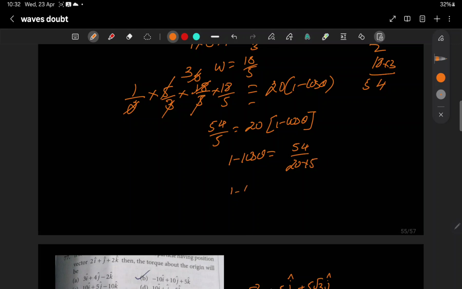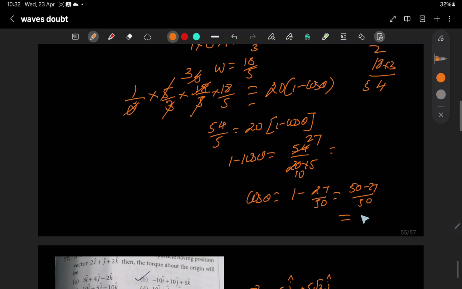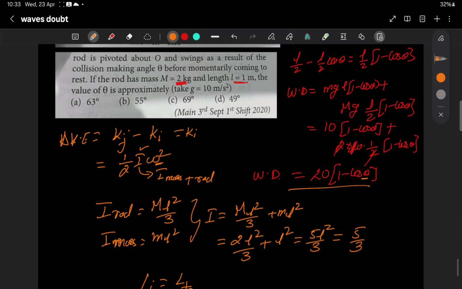Here cut it, 7, here 10, and then nothing more can be done. So I'll rewrite this. Cos theta can be written as 1 minus 27 by 50. So this is nothing but 50 minus 27 by 50. So this value, what we will get is 0.46. So theta will be approximately 60 degrees. So your answer is close to 60, which is 63.